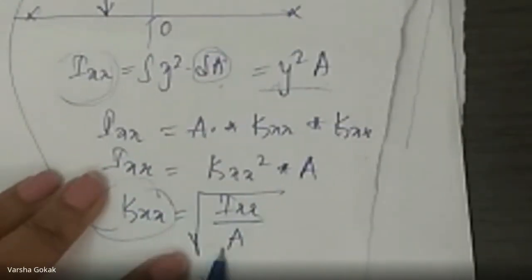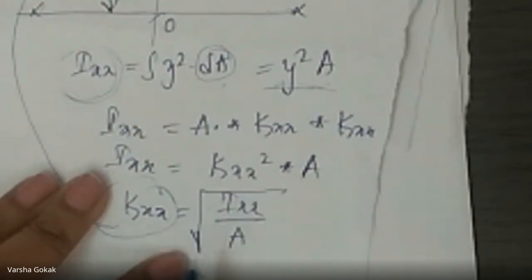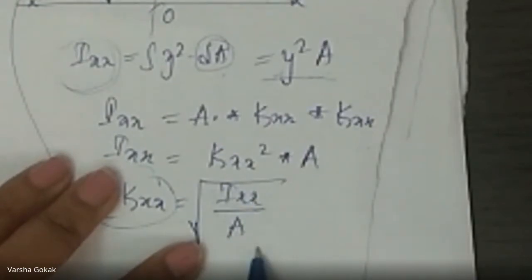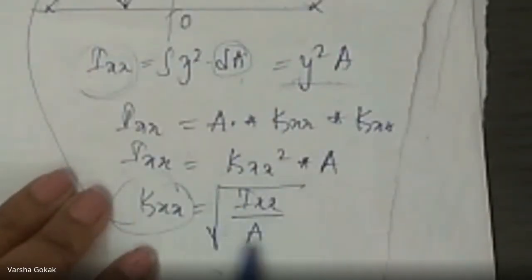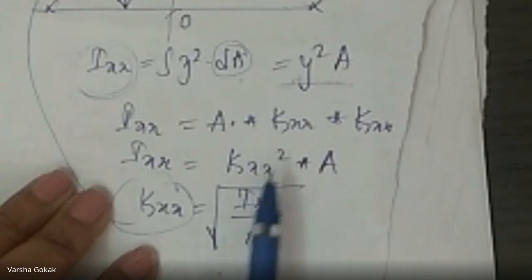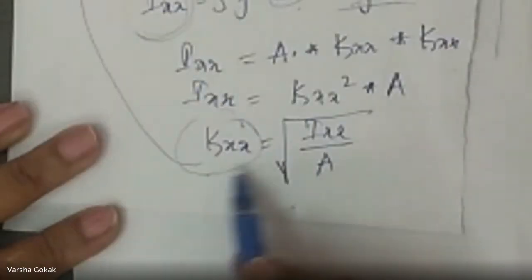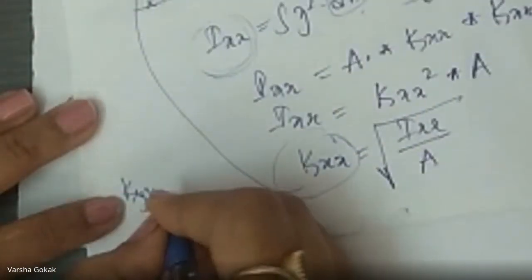So also you can define radius of gyration as the square root of the ratio of moment of inertia divided by the total area. Okay, so two definitions. One, you can explain this and write. Lastly, you can also define it using the formula: under root I by A is called kxx. Similarly, I can also write for kyy.